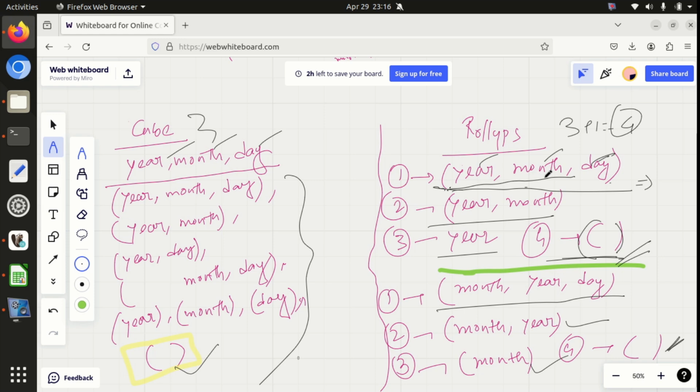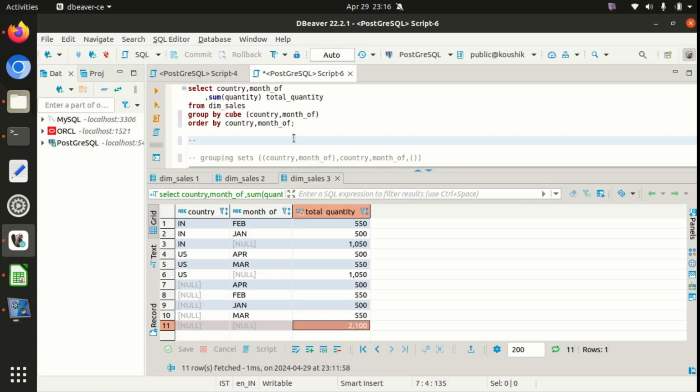So this is the difference between rollup and cube. Whatever order you provide the input columns in, year, month, day or month, year, whatever, cube will create all sorts of combinations. Rollup is quite different. I hope you have understood this problem and the difference between cube and rollup.